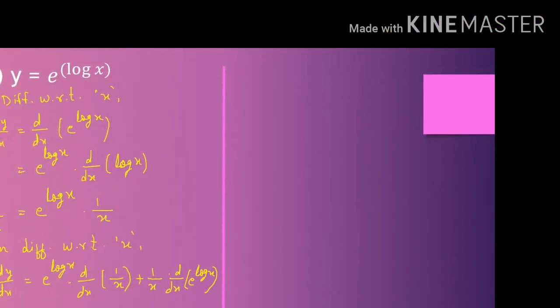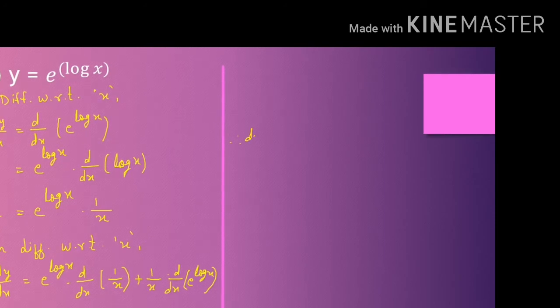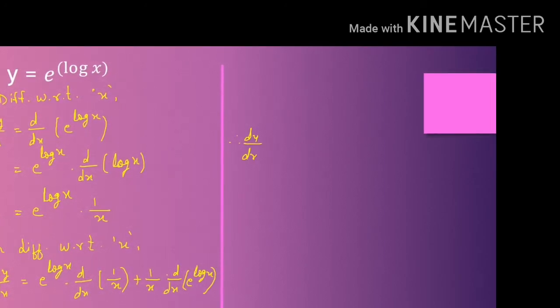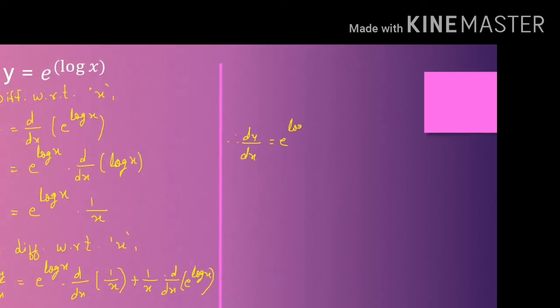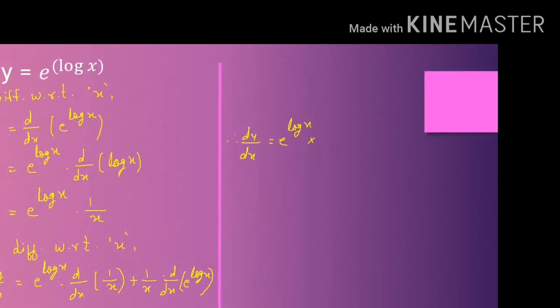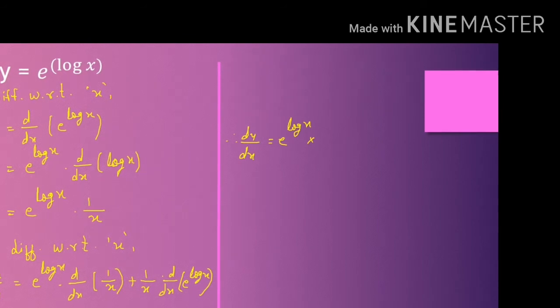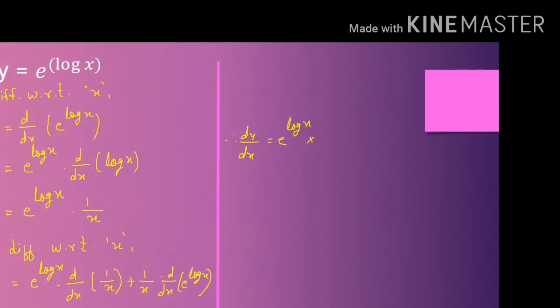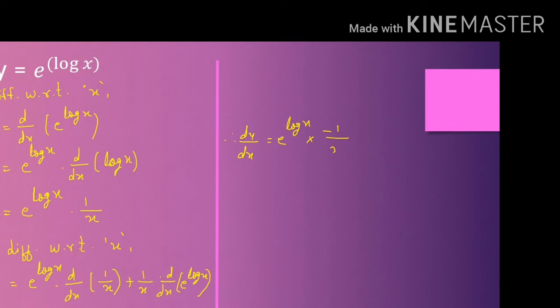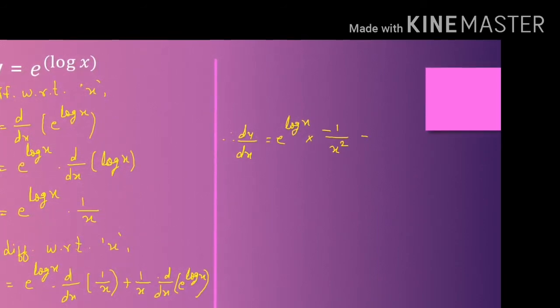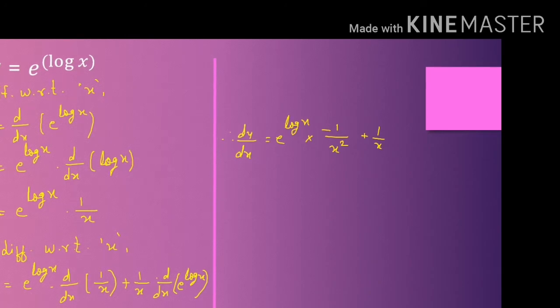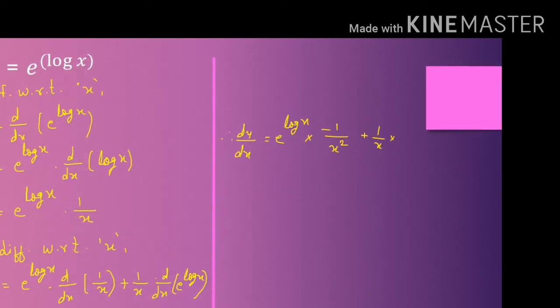So we get dy by dx is equal to e raised to log x into, now the derivative of 1 upon x is minus 1 upon x square, plus 1 upon x into the derivative of e raised to log x.